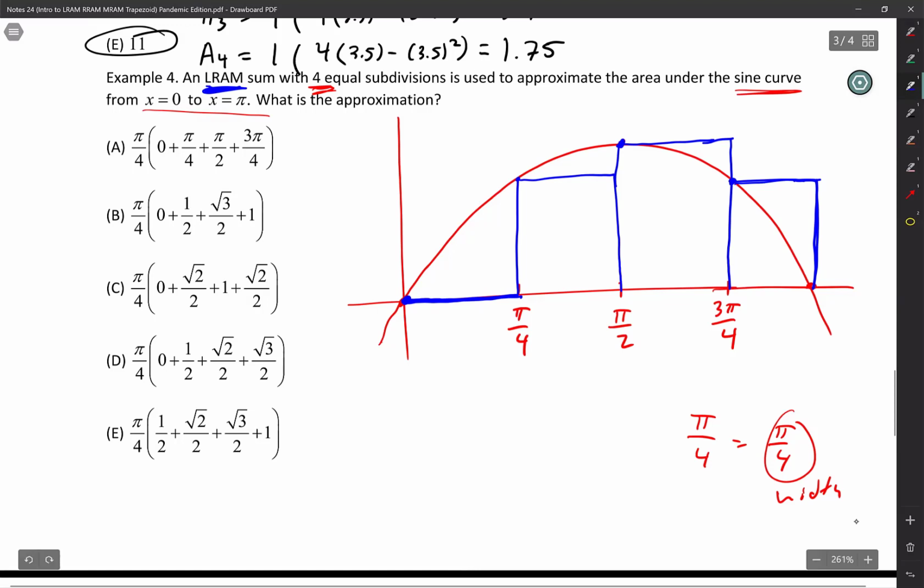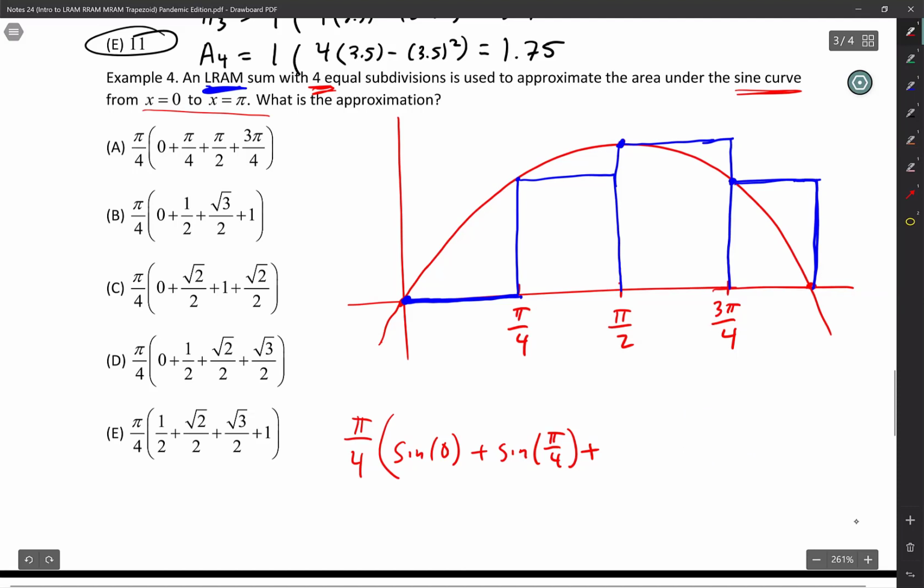All right, let's see if we can find the area, guys. So pi over 4 times, the height of the first one, I guess we'll say sine of 0 plus sine of pi over 4 plus sine of pi over 2 plus sine of 3 pi over 4.